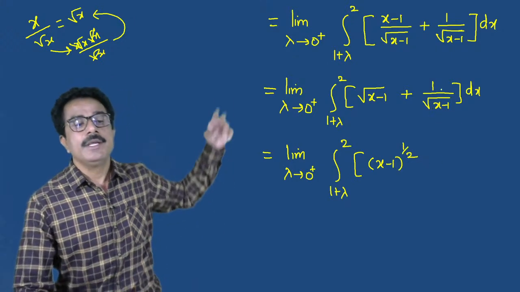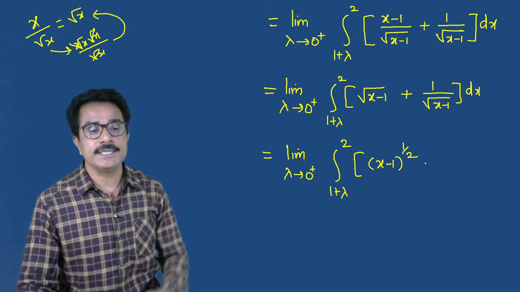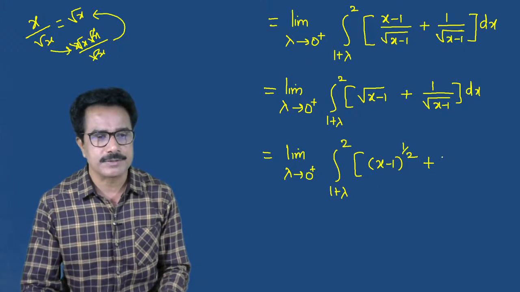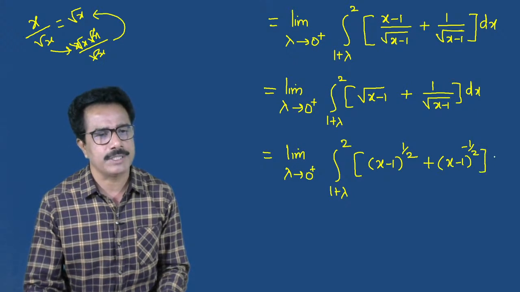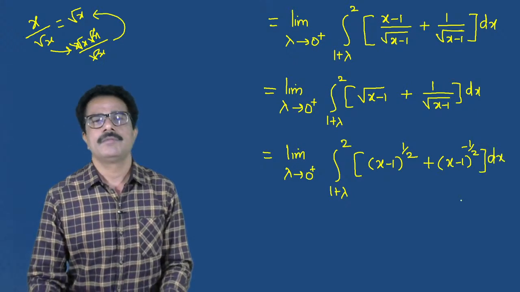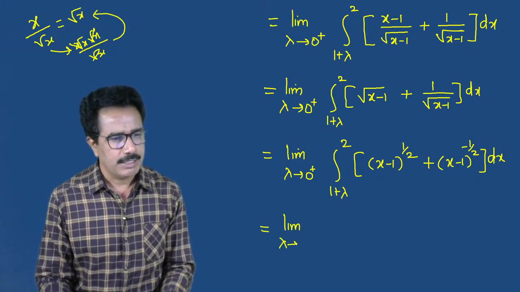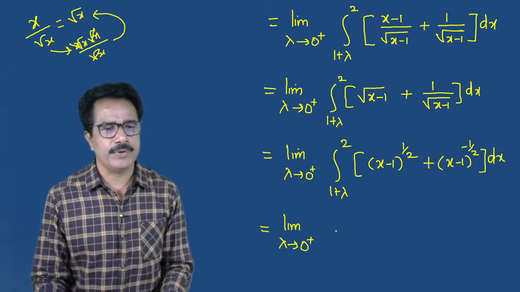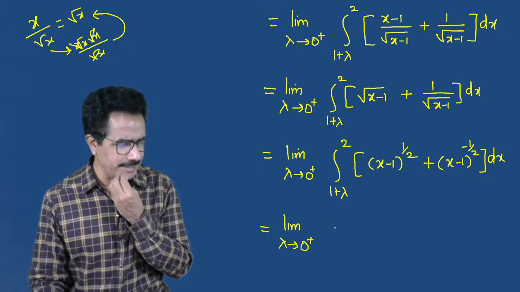Now take 1 upon root x minus 1, we can take it in the numerator with negative power, so its power becomes x minus 1 bracket raised to minus 1 by 2 dx. Okay, so we can write limit lambda tends to 0 positive. Now you can separate this limit.